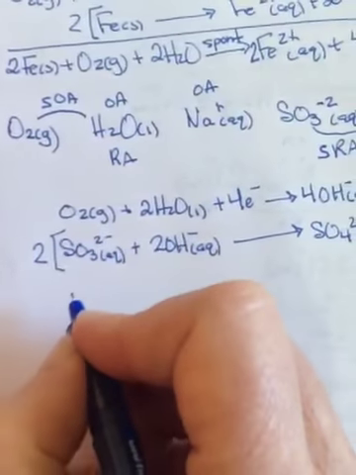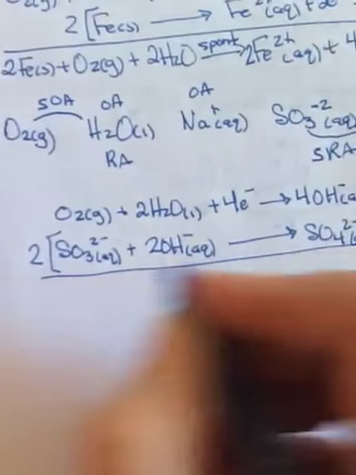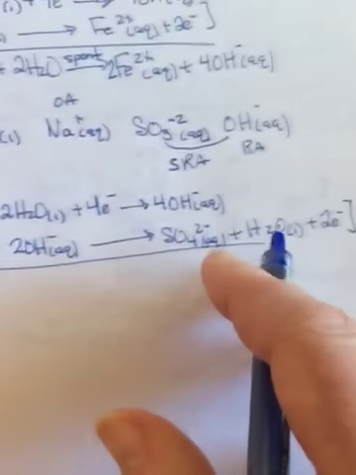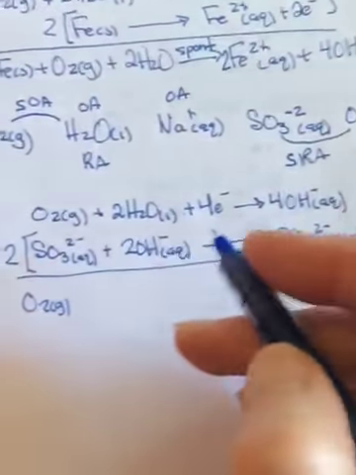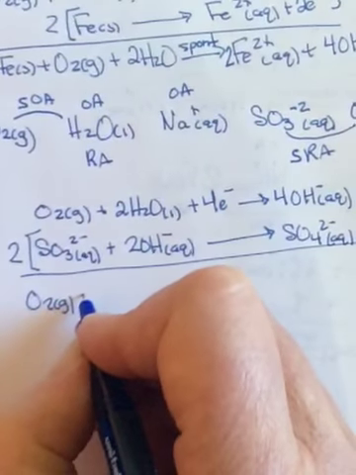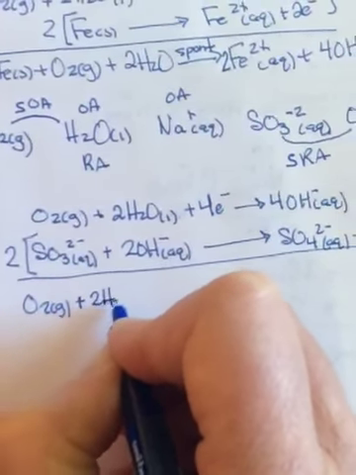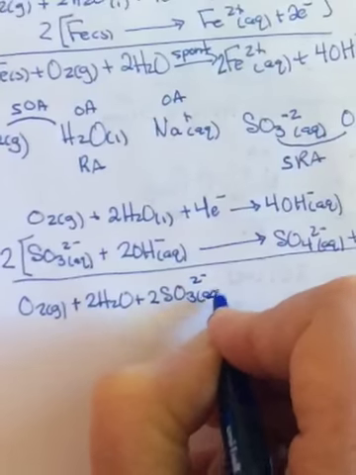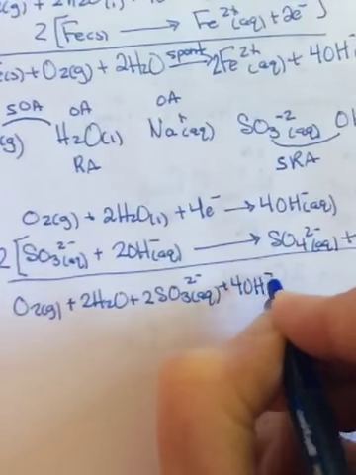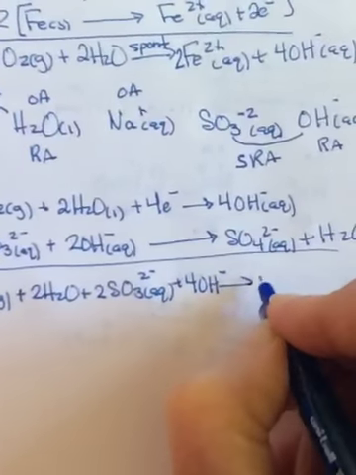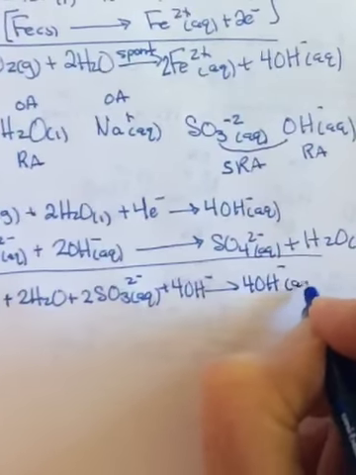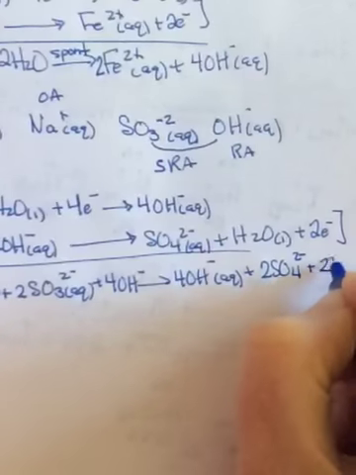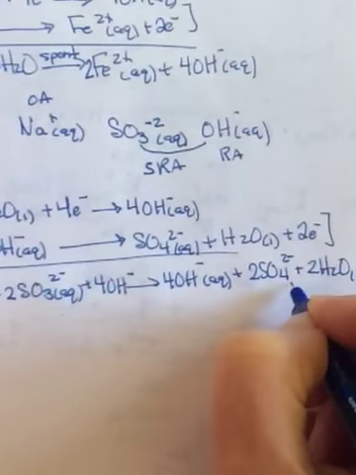And so we'll be left with, when we add these together, O2 gas, and 2 water, and there's going to be 2 water on the other side, so they're also going to cancel out. So maybe I need to write it all down and then cancel them. So plus 2H2O plus 2SO3 2 negative plus 4 OH negative going to 4 OH negative aqueous plus 2SO4 2 negative plus 2H2O aqueous.